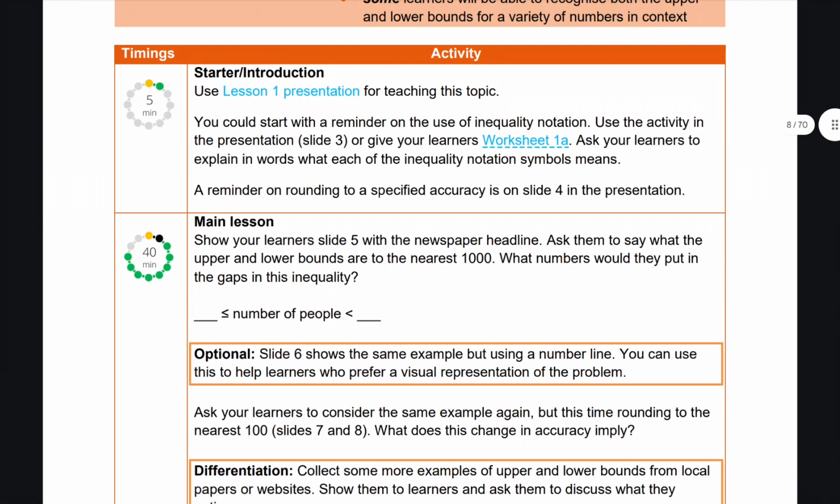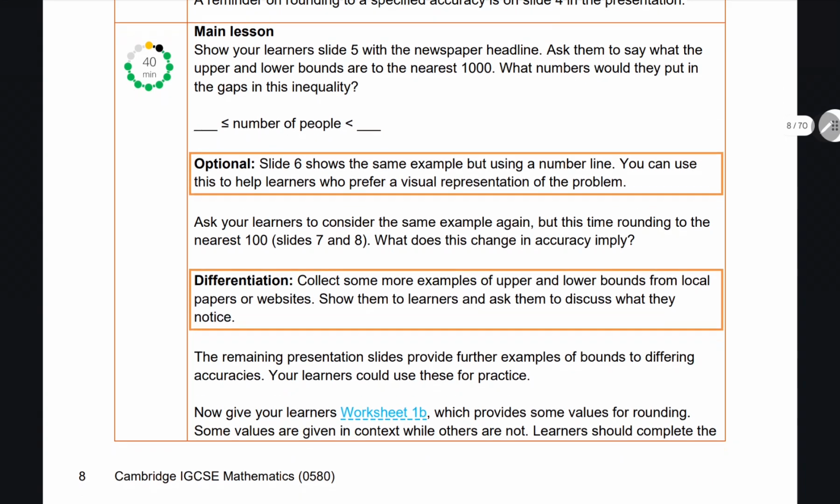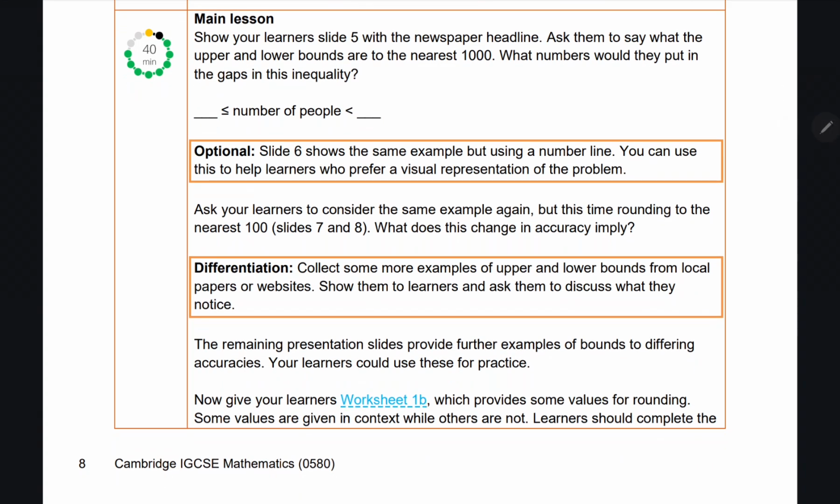Inequality notation. Slide 4. Newspaper headline. Oh my god. Optional, using a number line.